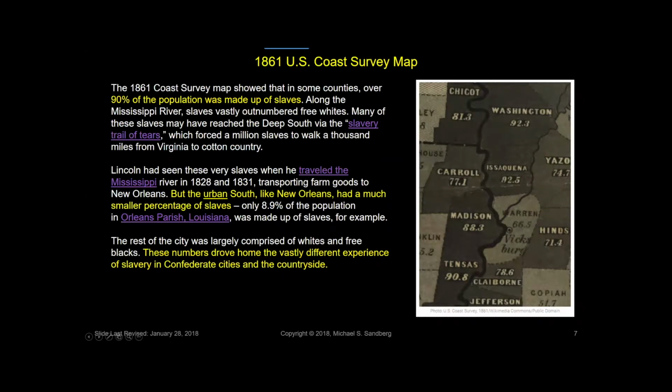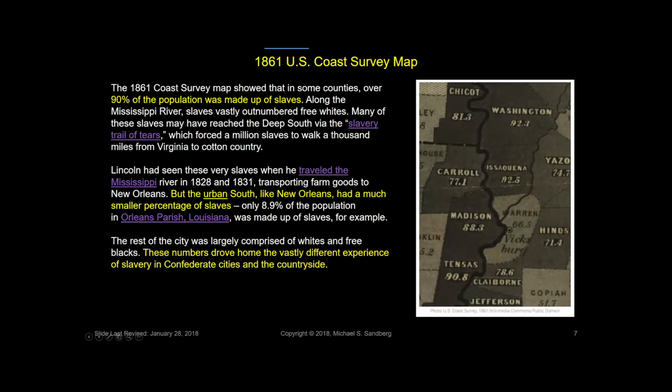That means of the population there, a little less than 10% of them were probably plantation owners, slave owners, people that ran their plantations, and the rest of the population was slaves. That's an extraordinary number.